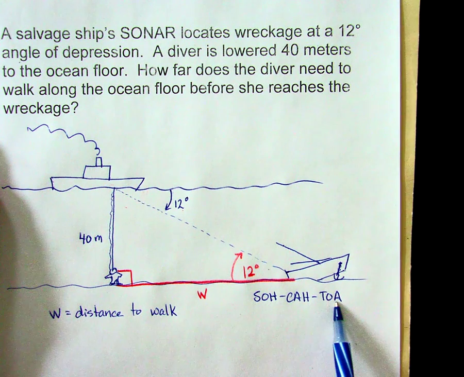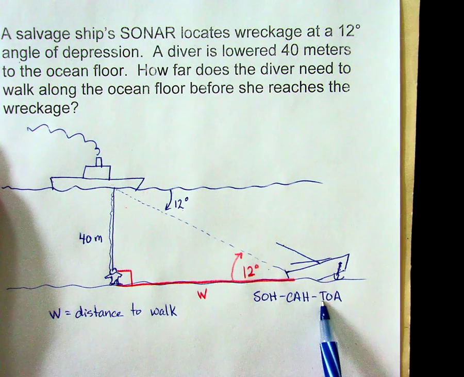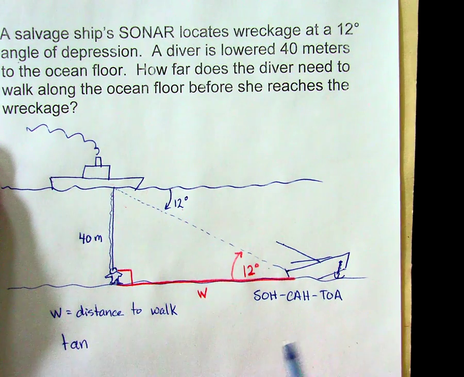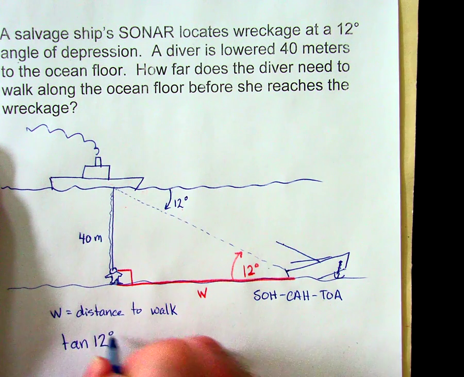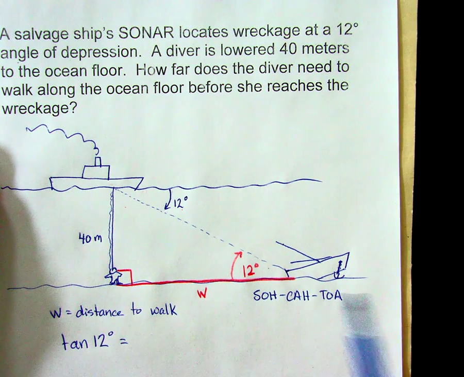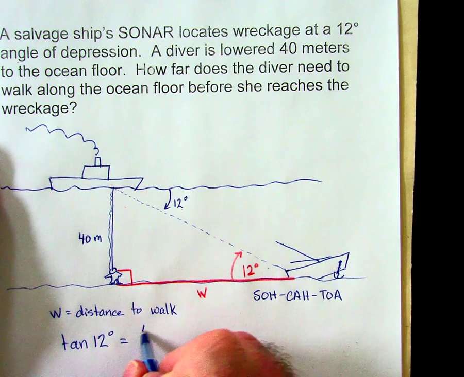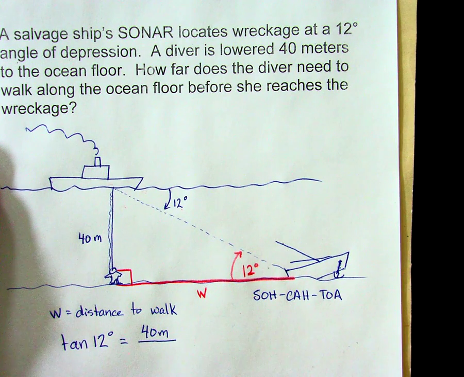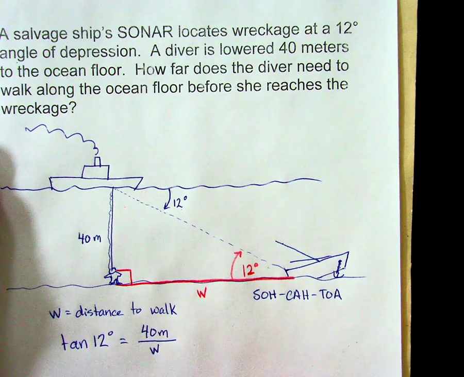It'd be this one, opposite leg, adjacent leg, which is for the ratio of the tangent. So we'd have the tangent of 12 degrees is equal to the opposite leg, which in this case is 40 meters, divided by the adjacent leg, which for this problem is W.